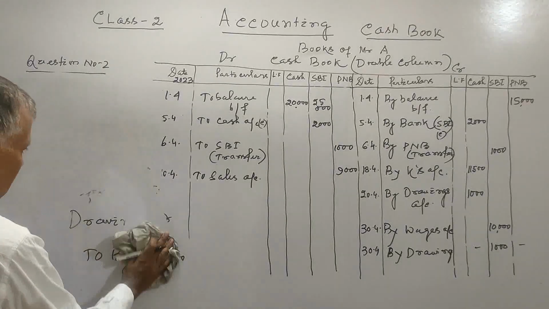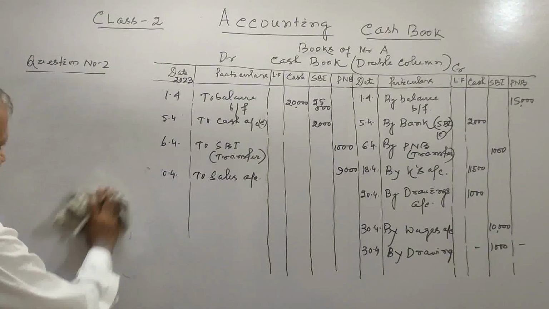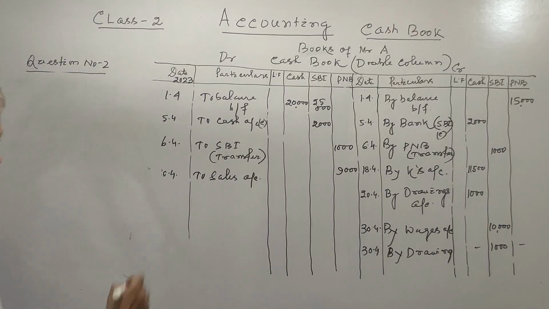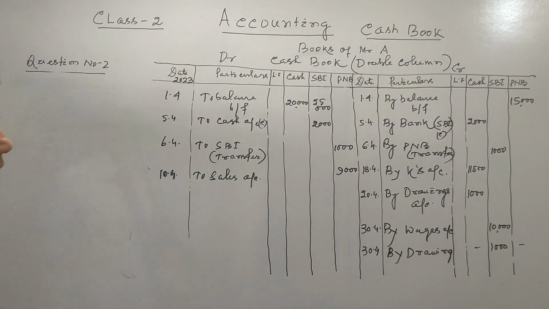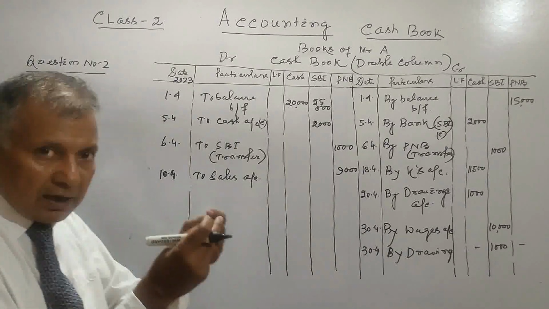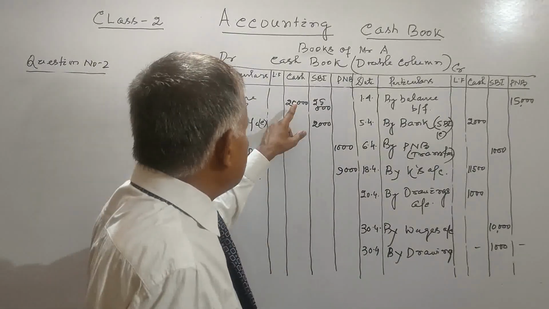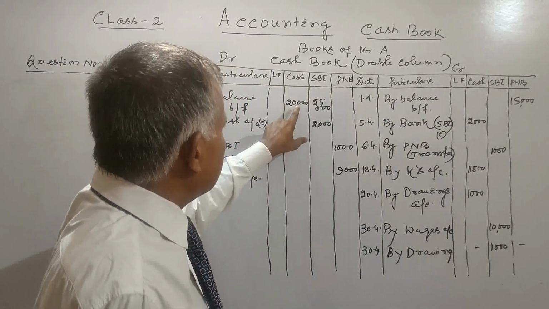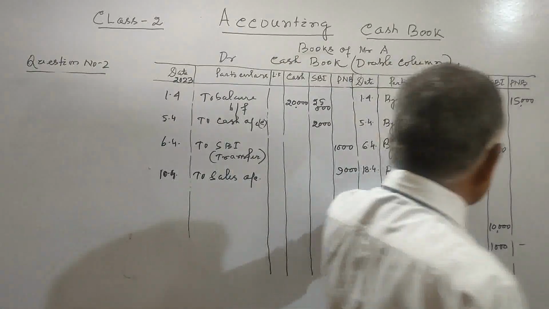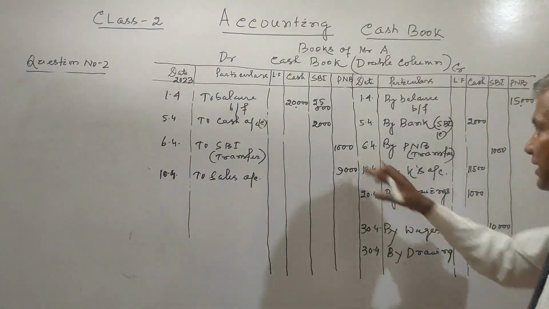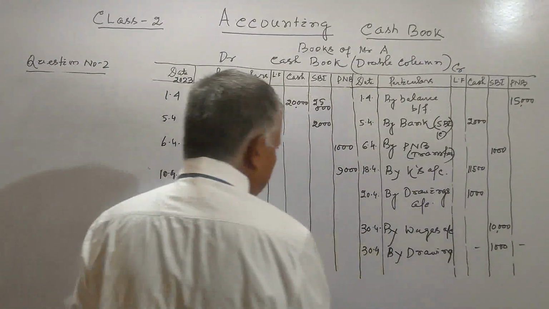Now our job is to balance the account. How to balance the account? As I have told you, take the side which is higher. Suppose this is cash. Let us see the cash debit and cash credit. If you see the debit, it is 20,000.